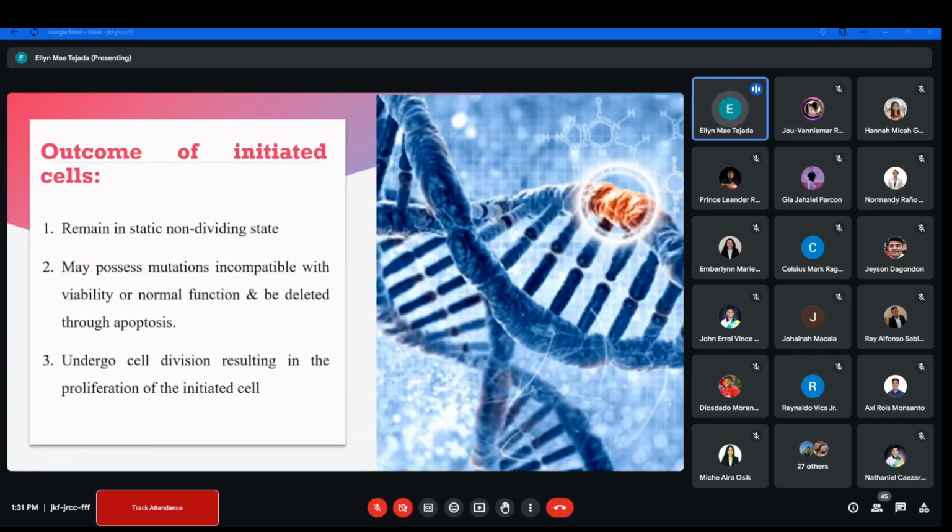Of course, if fixation happens, there are probable outcomes or results for the specific initiated cells. Now, these are the following outcomes.